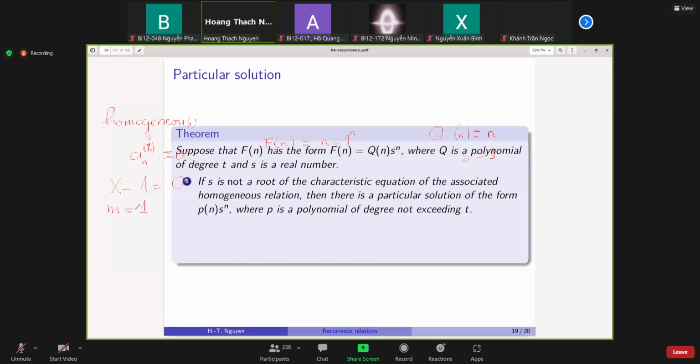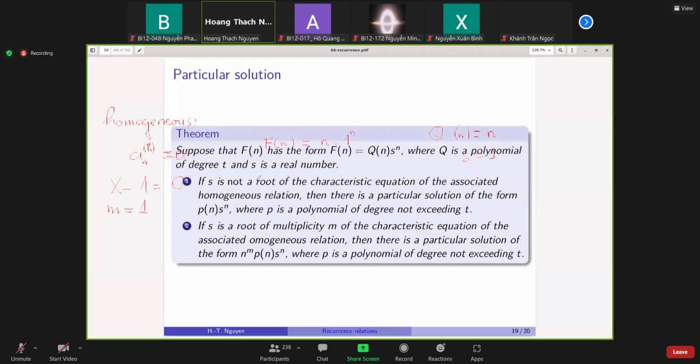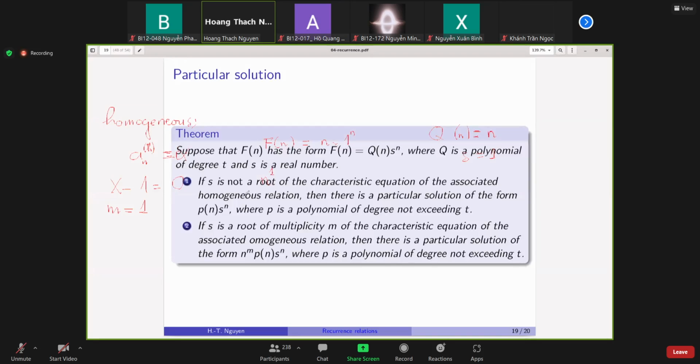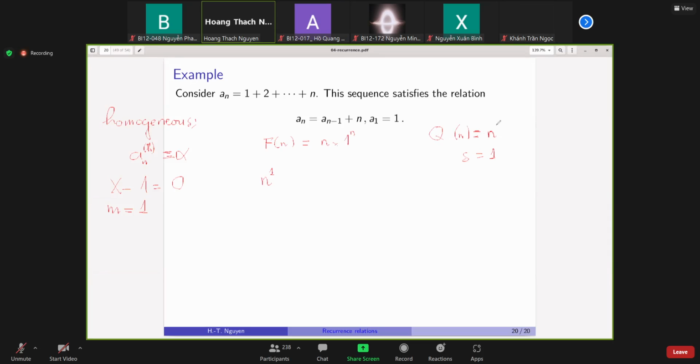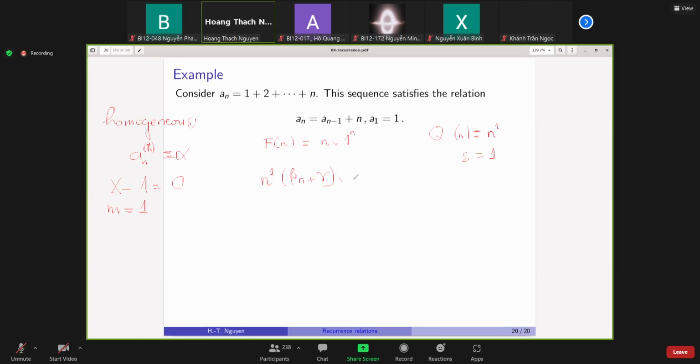So we will look for a particular solution of the form n to the power 1 times a polynomial. Since it is a polynomial of degree not exceeding the degree of q, we have beta n plus gamma, times s to the power n.